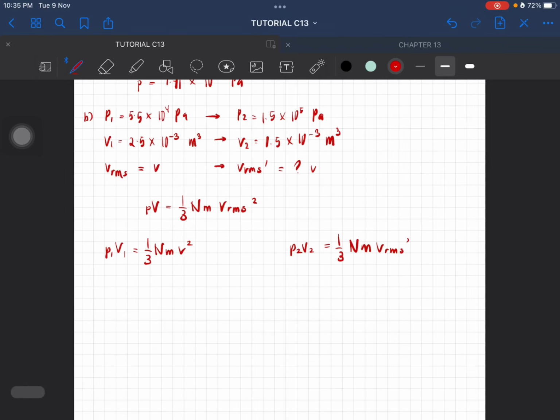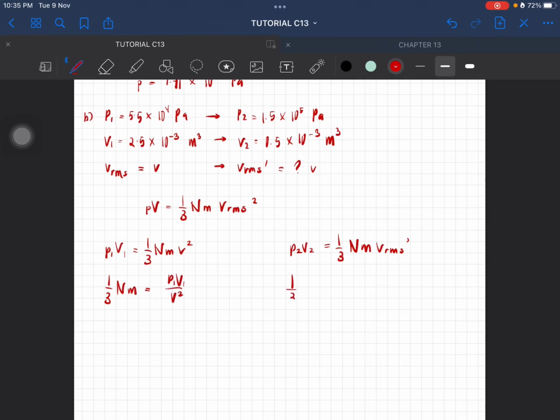Okay, the second situation. So the one that is the same, or the one that we can make the subject, is this one, 1 over 3 nm. Okay, and then we can equate them. So let me just do this one by one. So nm equal to P1 V1 over V square.